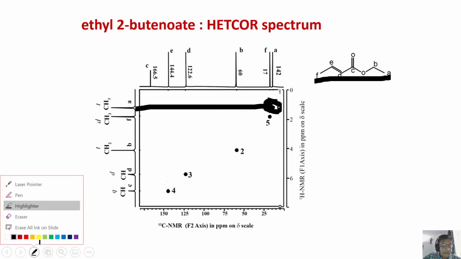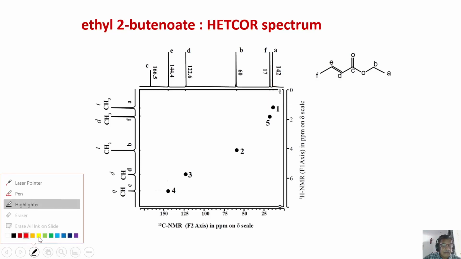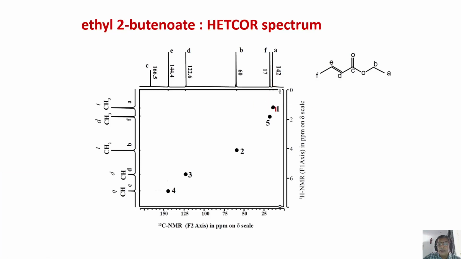Then go vertically up, and you are going to hit this peak. Go horizontally along this axis and you will hit this carbon. This proton, so that means the CH3, these three protons attached to carbon, has a chemical shift here.